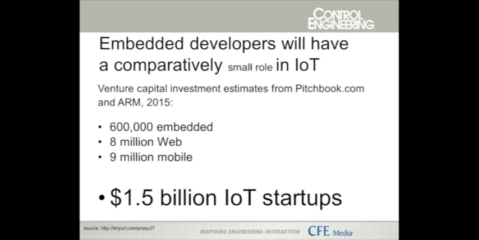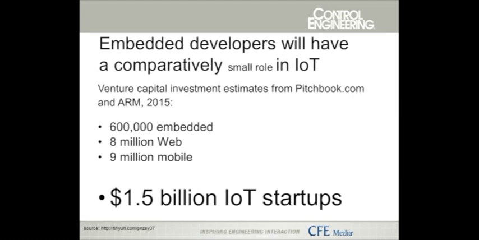And what they're basically saying is, there are about 600,000 embedded developers out there, people that know how to do things with real-time OSs, that maybe have EE degrees or computer science degrees with a hardware class. And there's $1.5 billion going into IoT startups. There aren't enough of these guys to go around.